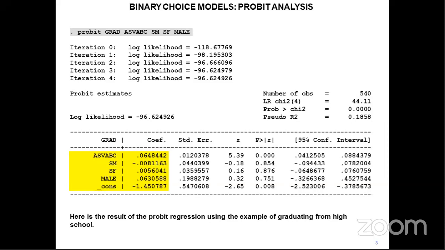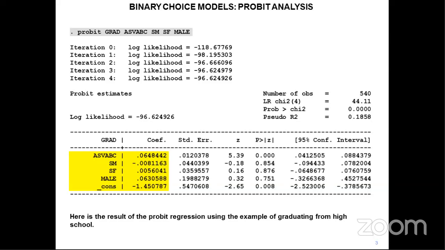So here the dependent variable is graduate education, whether a person enters graduation or not. This differs between male and female, which is why we have also taken gender into account as one of the factors.